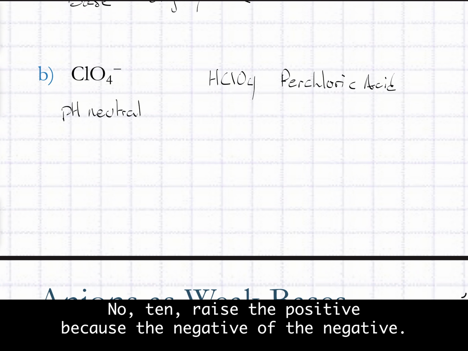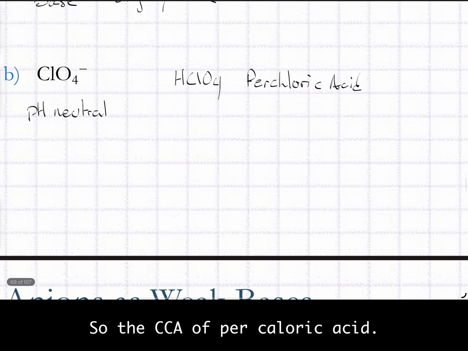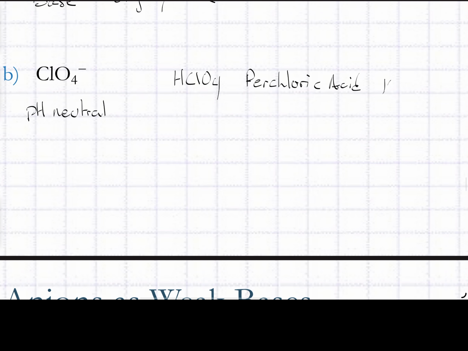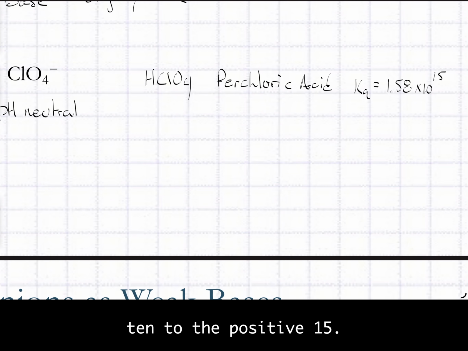No, 10 raised to the positive because it's the negative of the negative. So the Ka of perchloric acid is like 1.58 times 10 to the positive 15, which is really big.